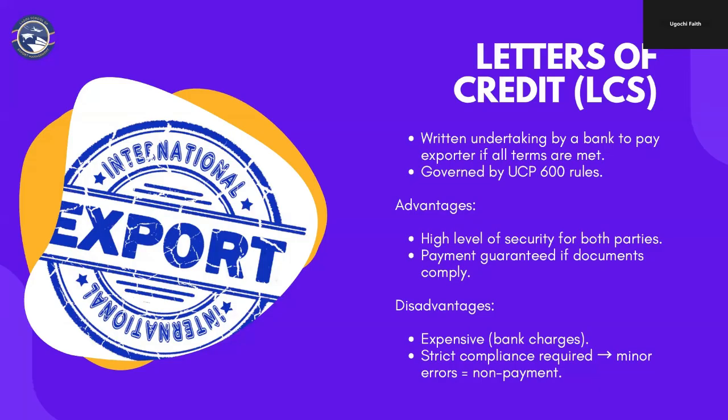Another one is letters of credit. We call them LCs. Now, a letter of credit is a written undertaking by a bank to pay the exporter if all terms are met.